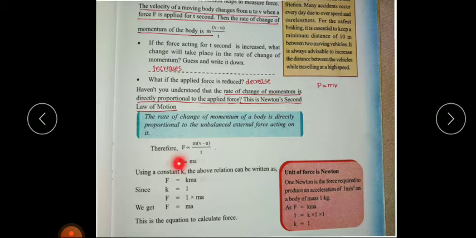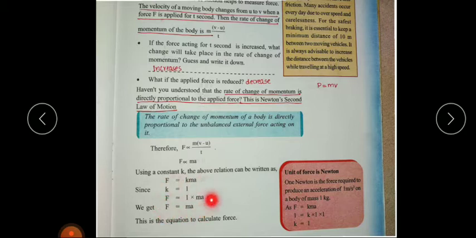So F is equal to kma, where k is the constant, m is the mass of the body, and a is the acceleration. If k is equal to 1, then the equation becomes F is equal to ma. So force is equal to mass into acceleration.